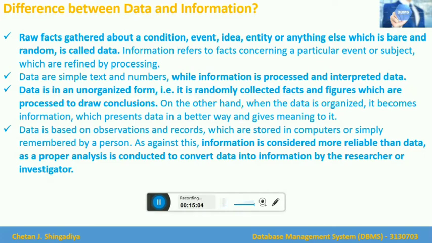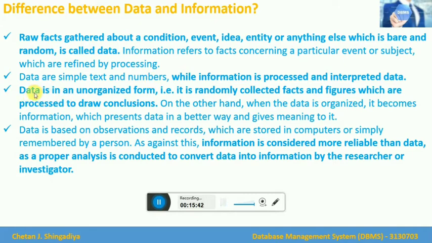Then we have information, which refers to facts concerning a particular event or subject that are refined by processing. That means when data is processed, it becomes information. So this is the first difference between data and information. Next, data are simple text and numbers, while information is processed and interpreted data. This is the next difference.